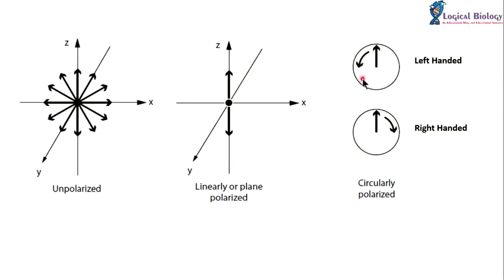So we will be focusing on this kind of light, where circularly polarized light has two components: left-handed component, which is anti-clockwise, and right-handed component, which is clockwise. Now we will use this circularly polarized light to understand the basic principle of circular dichroism or CD.